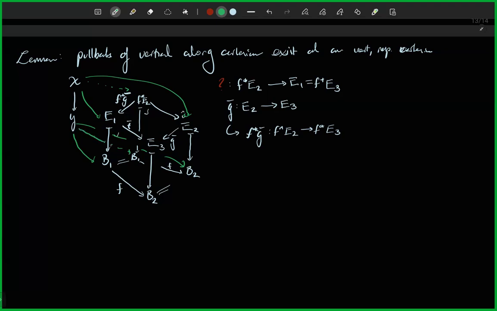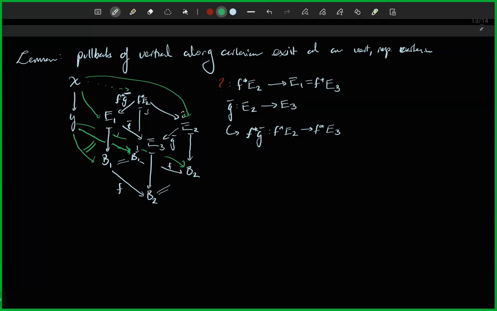It's the one that's over here. This one equals this one. The fact that the bottom outer square commuted tells me that this little triangle here commutes, because it's this, then F equals that whole thing. And that's exactly what this says. So that's the same.